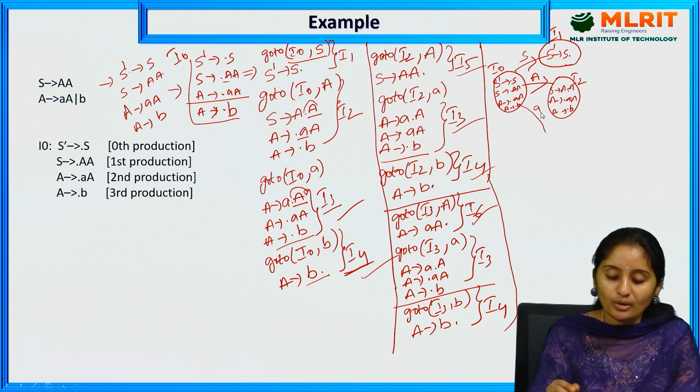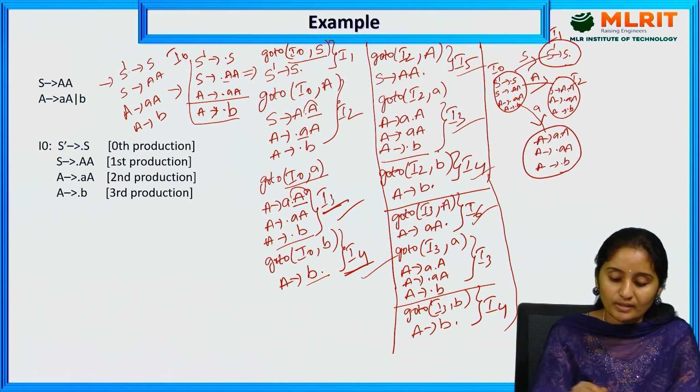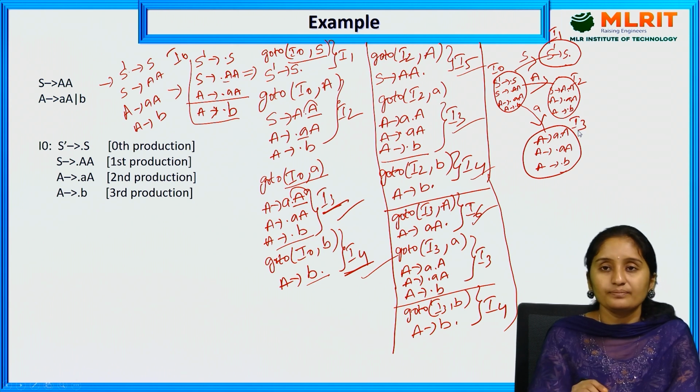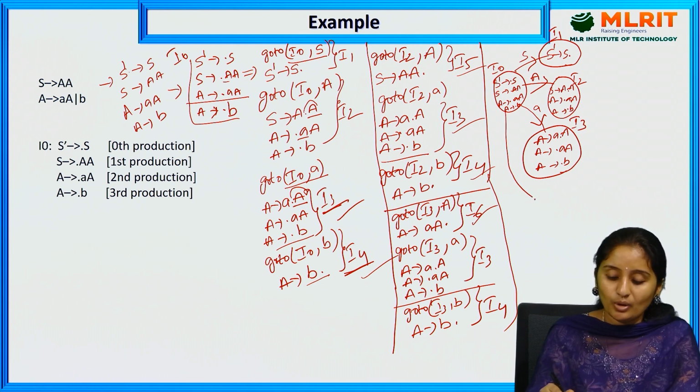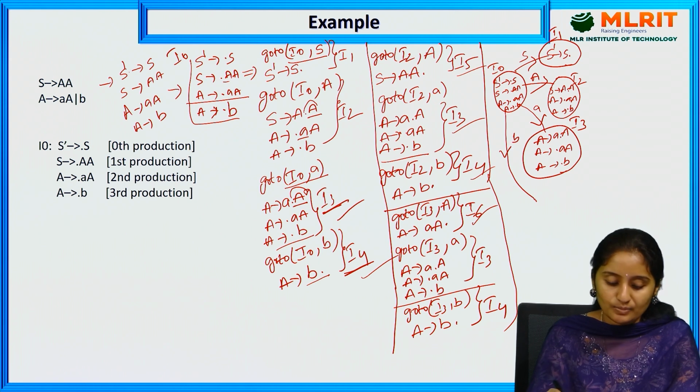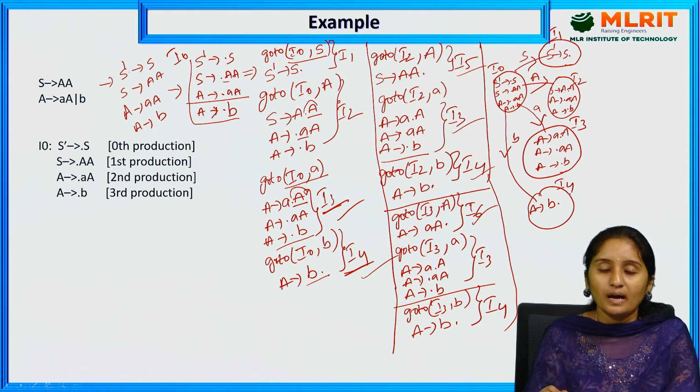Next, I0 on small a: A tends to a dot A, A tends to dot AA, A tends to dot B. This is I3. I0 on small b moves to A tends to B dot. This is the I4 state.